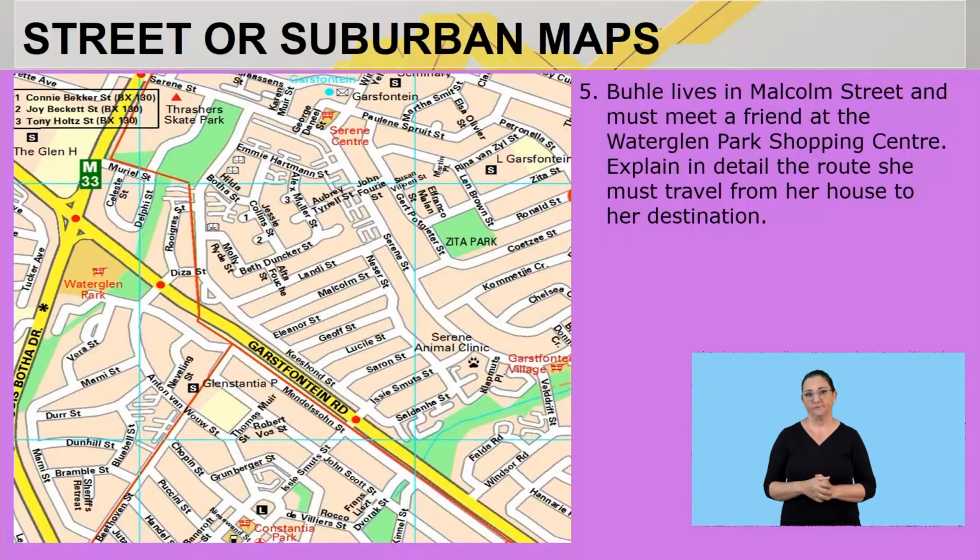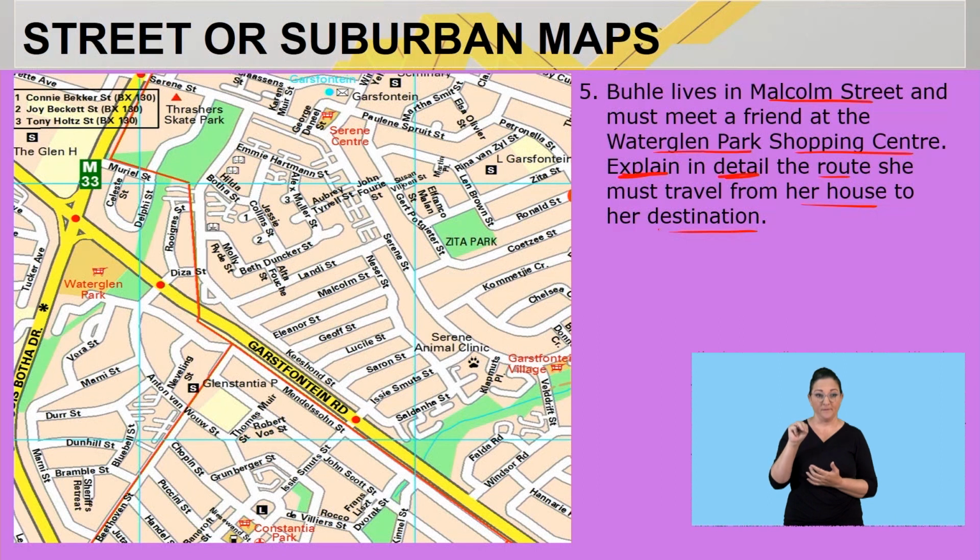Let's look at our question number 5. It says Boertle lives in Malcolm Street and must meet a friend at the Water Glen Park shopping center. Explain in detail the route she must travel from her house to her destination. So we need to find the two places we are referring to. First of all, we know that Boertle lives in Malcolm Street.